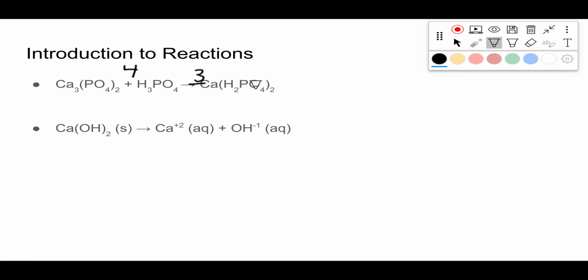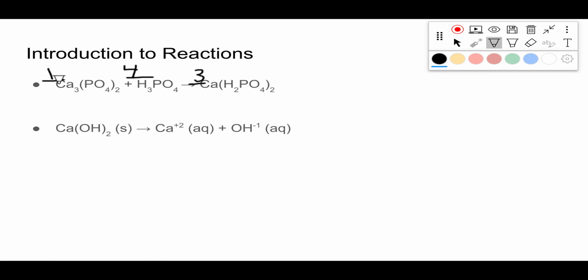And then this gives me 8 times 3, so I have a total of 24 of my oxygens over on my product side. And then here I have 4 times 4, which is 16, plus another 8, which also gives me 24 oxygens on my reactant side. So this one will be balanced with 1 in front of this, a 4, and a 3.